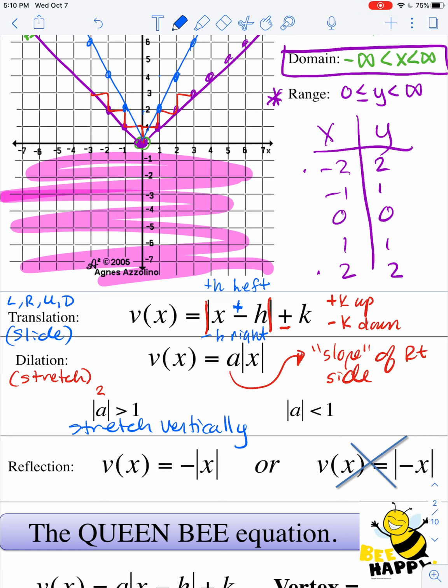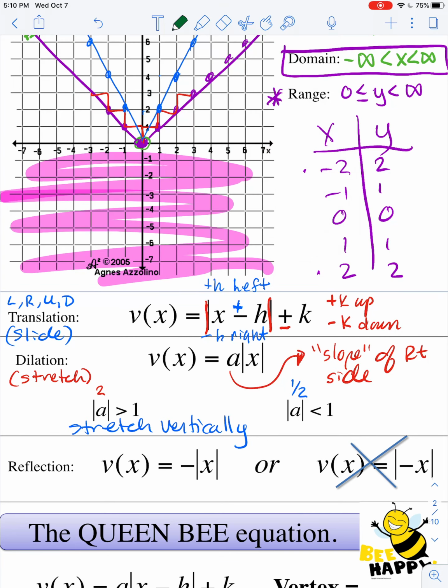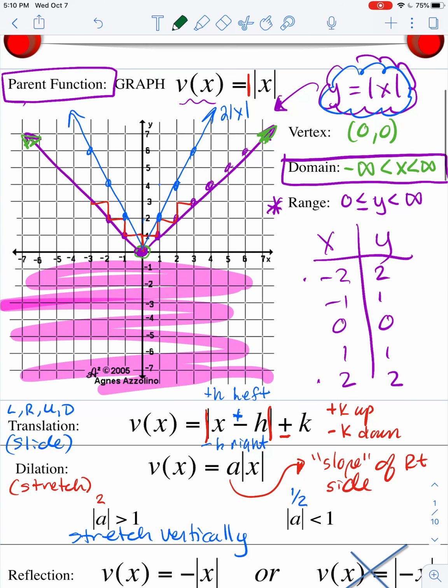What if I had an A value where the absolute value of it was less than 1? So say for example, let's make it easy, I had a 1/2. So if I went back to my graph and I wanted to see what that would do, if I'm thinking of that as the slope of the right side from the vertex, I'd go up 1 over 2, up 1 over 2, up 1 over 2.